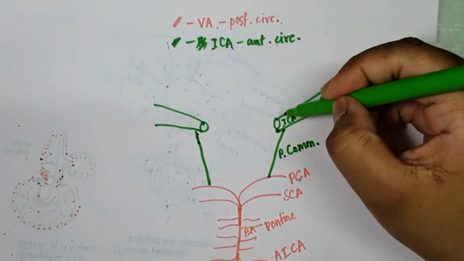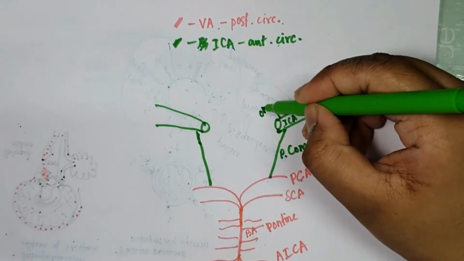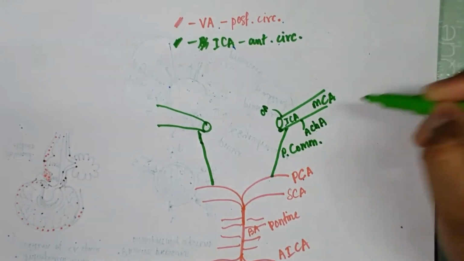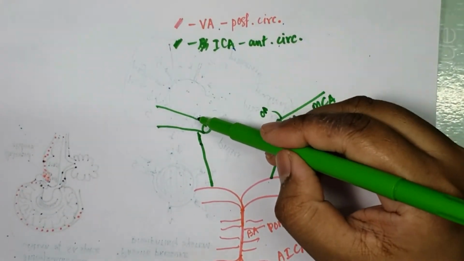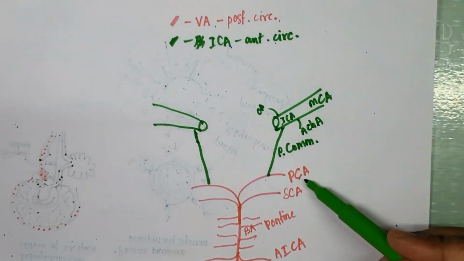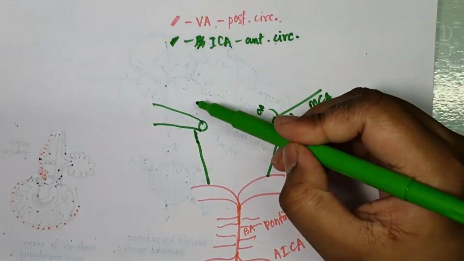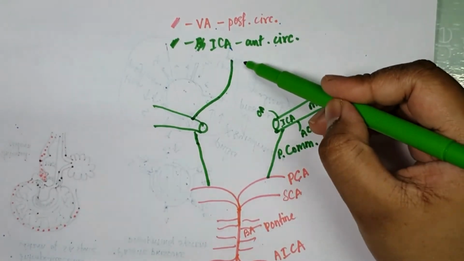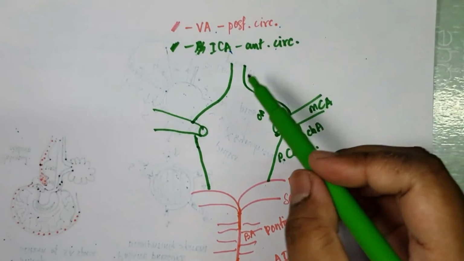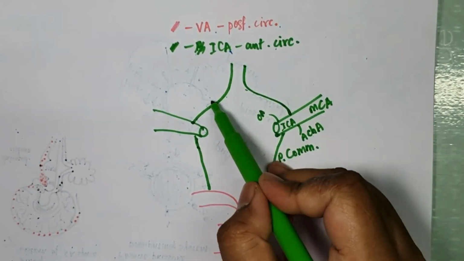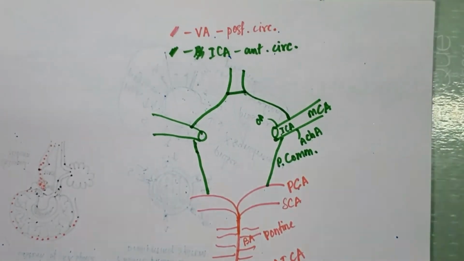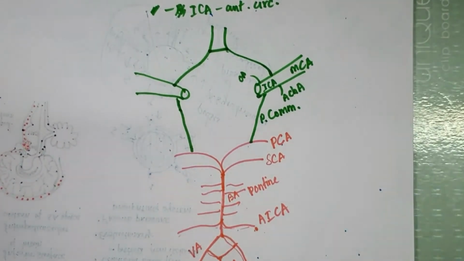Now the internal carotid also gives out an ophthalmic artery, an anterior choroidal artery. The anterior cerebral arteries. Now we've seen posterior cerebral artery, middle cerebral artery. Now we have something called an anterior cerebral artery. Again, a branch of internal carotid artery. And the anterior cerebral artery gives rise to the anterior communicating artery. So this is your circle of Willis.